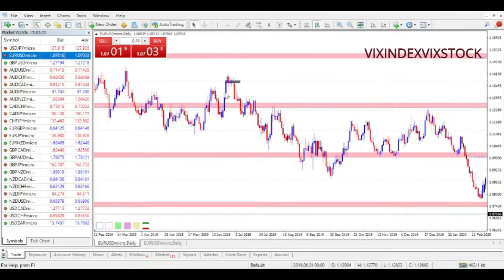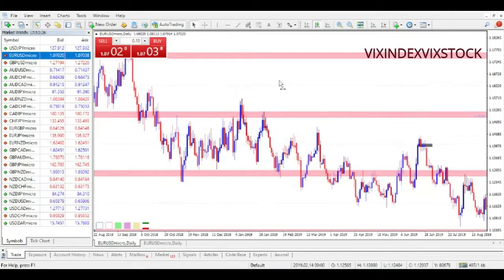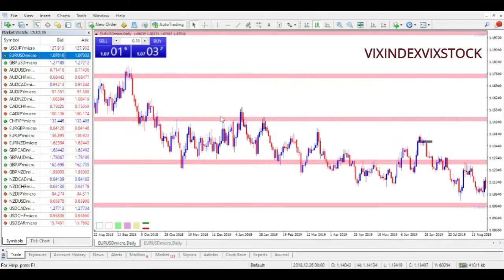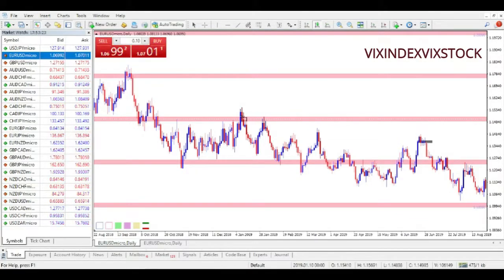It reversed on them. So you really need to be careful of these bullish traps. They are kind of different from what we call fake outs, but they are kind of the same thing. This will be an example of a fake out.